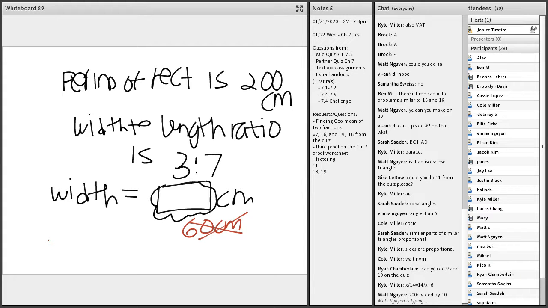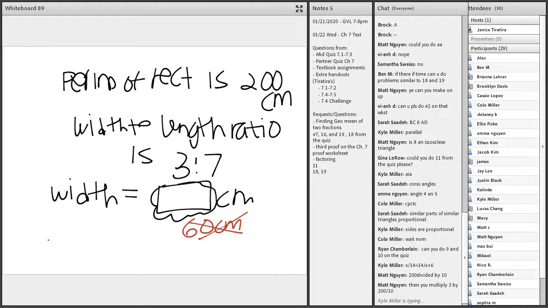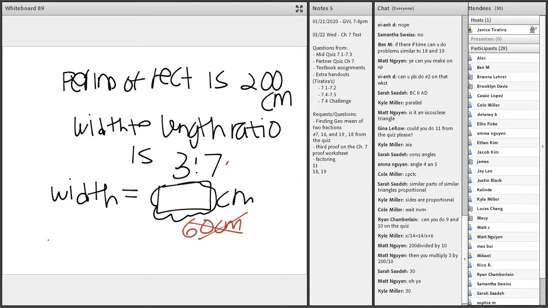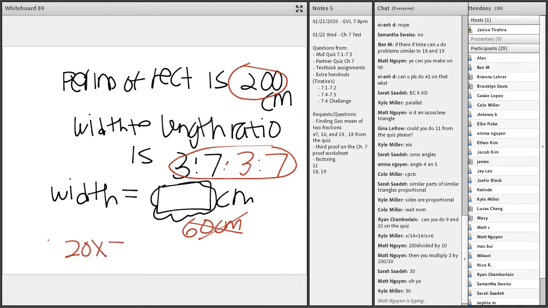We're dividing by 20. So you have to interpret this as 3 to 7, 3 to 7 as an extended ratio. So that means all of this, that's 20x, is equal to 200, where x is 10.